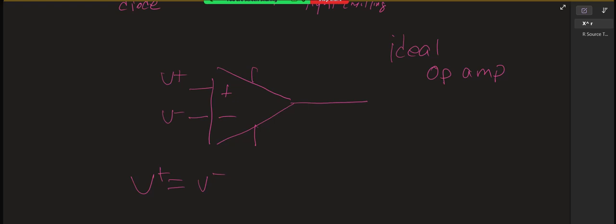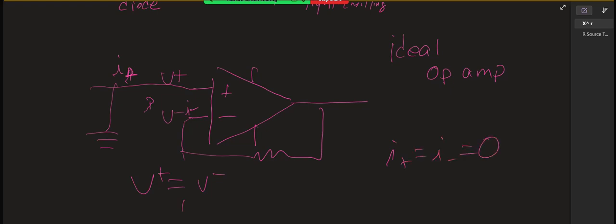But it does not mean that they're zero, it just means they're the same. However, the current into the positive terminal, I plus, and the current into the negative terminal, I minus, are equal, and 0.